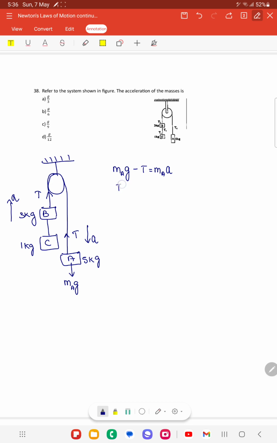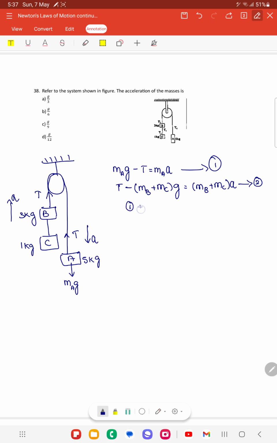So writing the equation for the object A, we have MA into G minus T is equals to MA into A. For the second object, B and C, B has to carry the weight of C here, so the tension is T. So we have T minus the net weight acting vertically downwards, that is MB plus MC into G, is equals to MB plus MC into A. Let us consider this as equation number 1 and this as equation number 2.